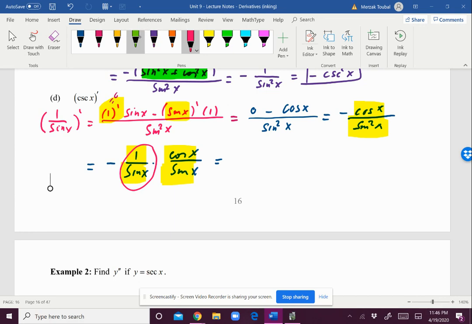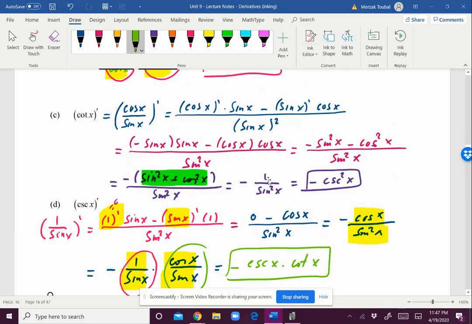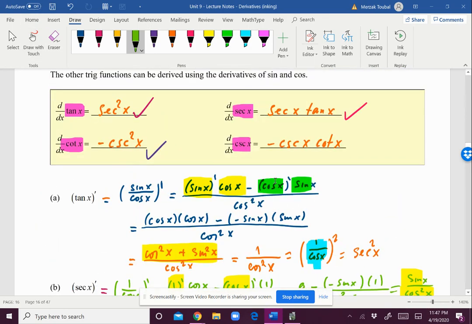That's cosecant. What do we know about cosine over sine? That's cotangent. And that verifies our last derivative, which is derivative of cosecant is negative cosecant cotangent.